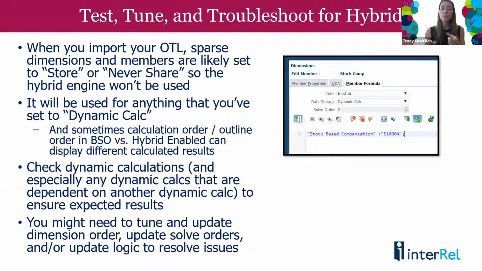There may be a little bit of tuning and tweaking that you need to do so that things are calculating in the proper order. So whenever you are migrating from native Essbase into Essbase in the cloud, save some time for this. For the most part, all your data should load in and validate and tie out, that's stored. We just want to make sure the order of operations is as you expected with those dynamic calculations.